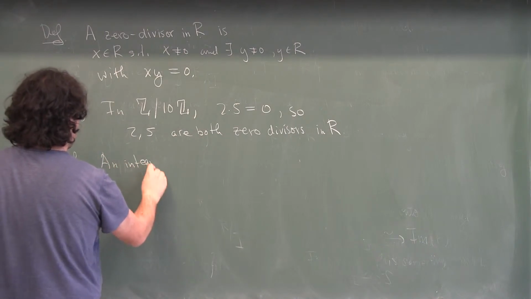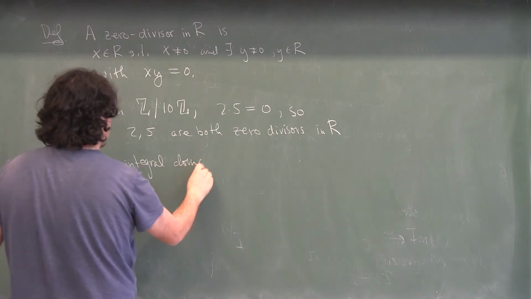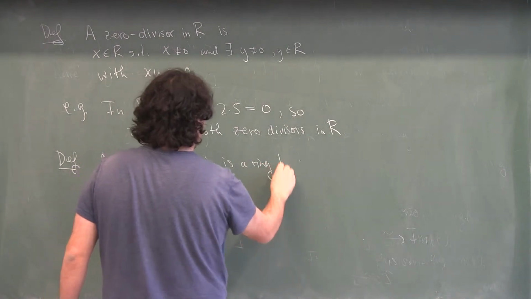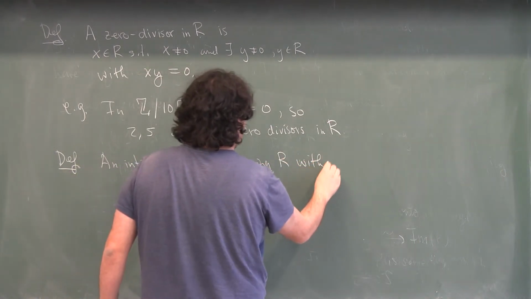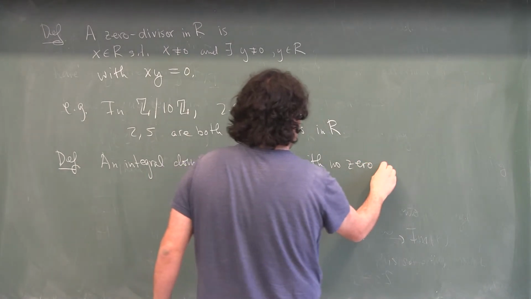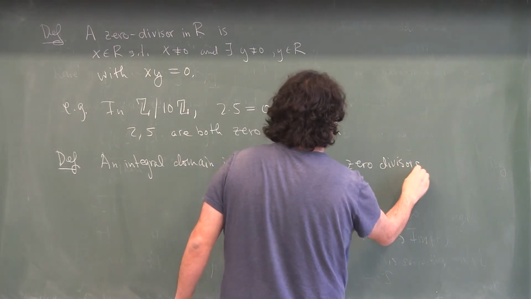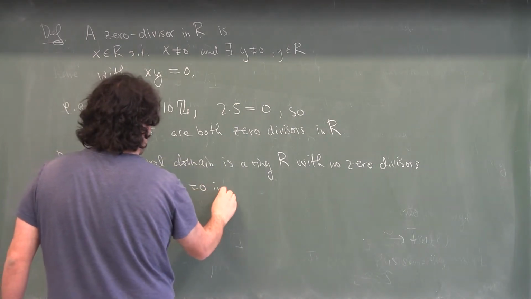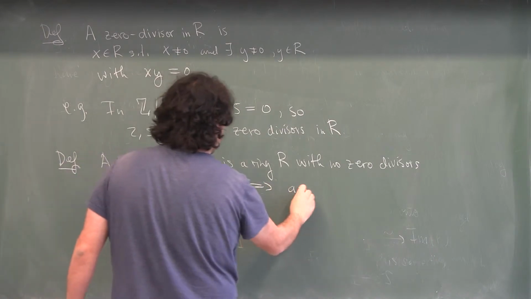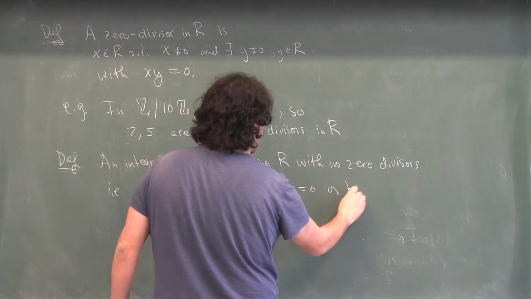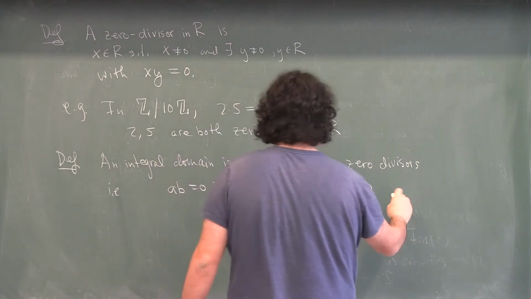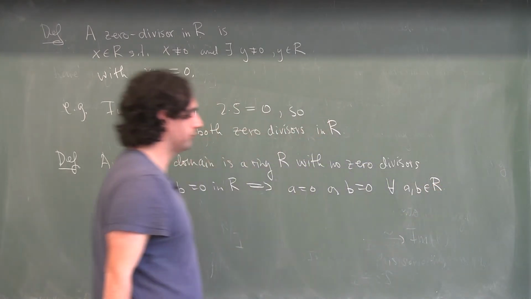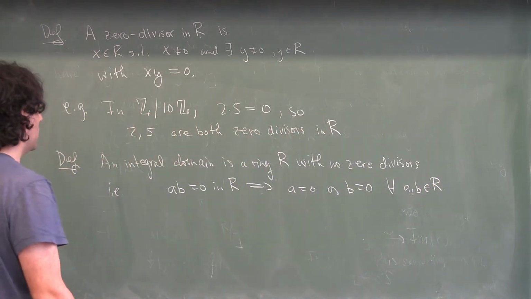An integral domain is a ring R with no zero divisors, i.e. AB equals 0 in R implies A equals 0 or B equals 0 for all A, B in R. Okay.